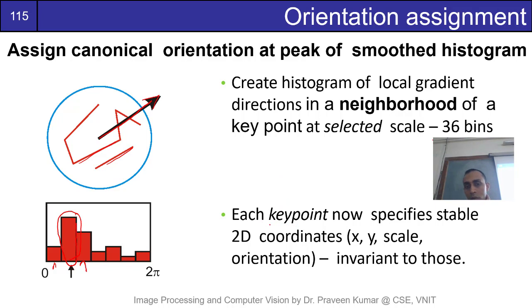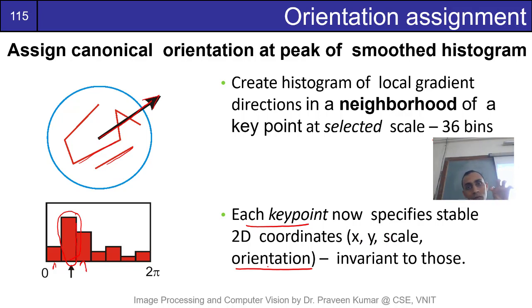So whatever keypoint we are now describing will be invariant to translation in x and y, and invariant to scale, as well as now also invariant to orientation. Translation normally does not affect it. Scale we have taken care of by using the scale space.